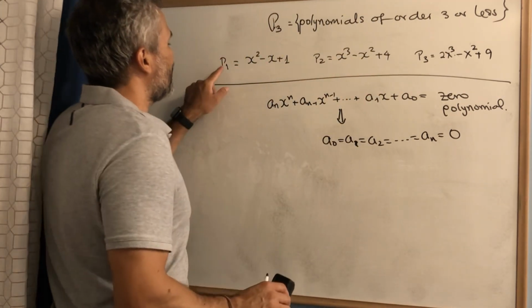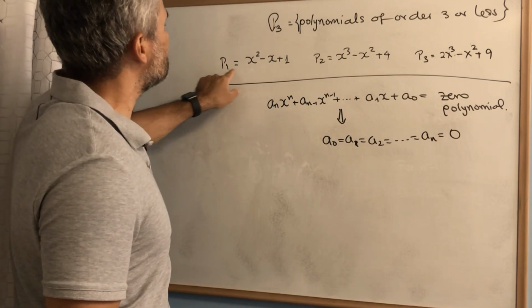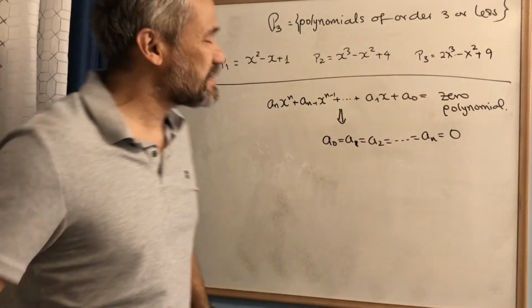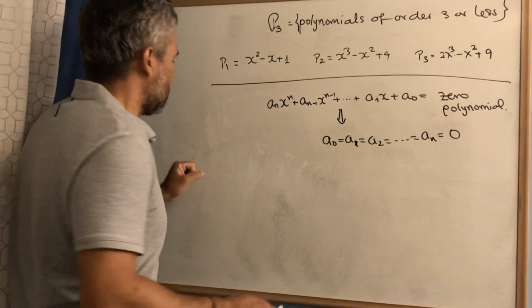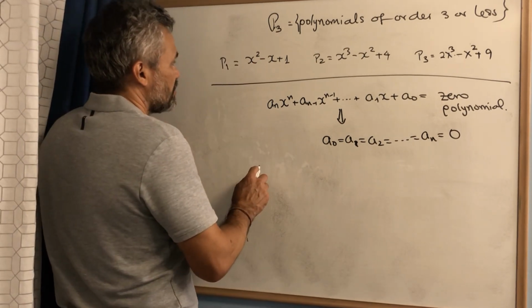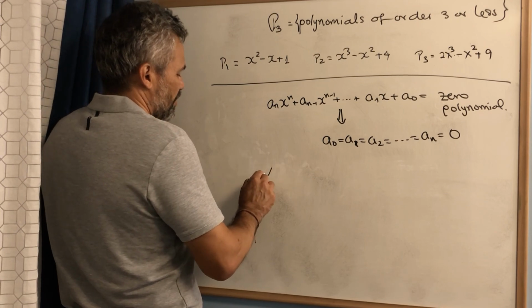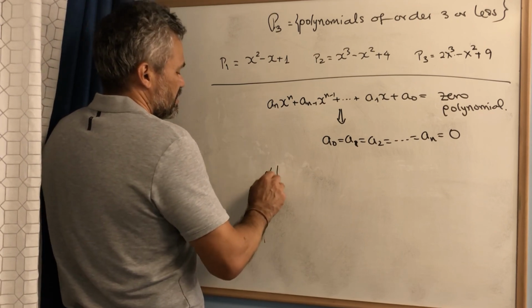Then let's start verifying if these three polynomials are linearly independent. We take a linear combination. Maybe here it will be better to write alpha 1 instead of x.